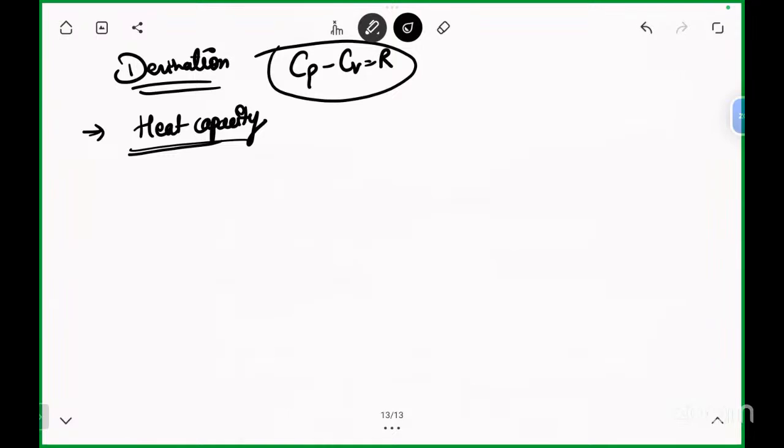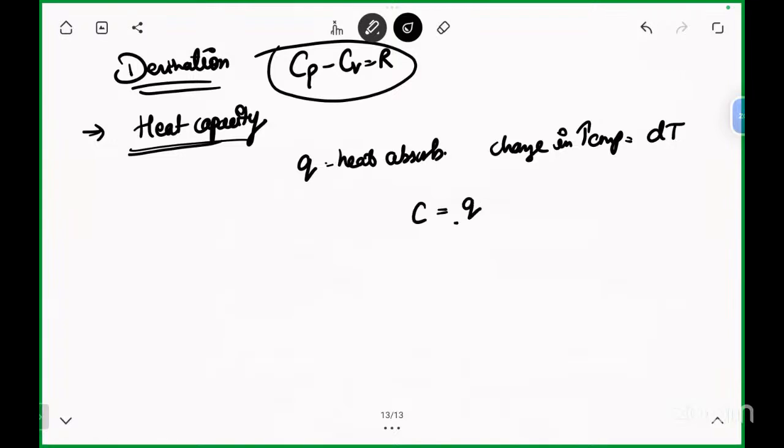So we have some derivation on the basis of this. Let's start. We know that heat absorbed by the system is denoted by Q, and the temperature changes by dT when the heat is absorbed. So we can write C is equal to Q upon dT. This is the heat capacity.